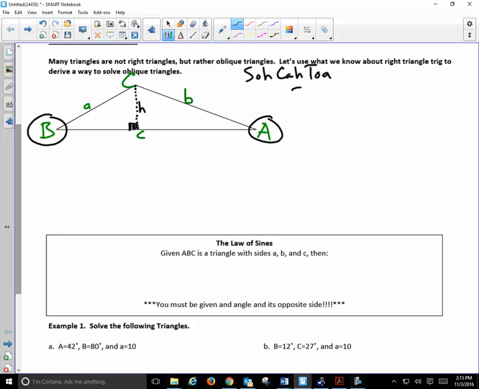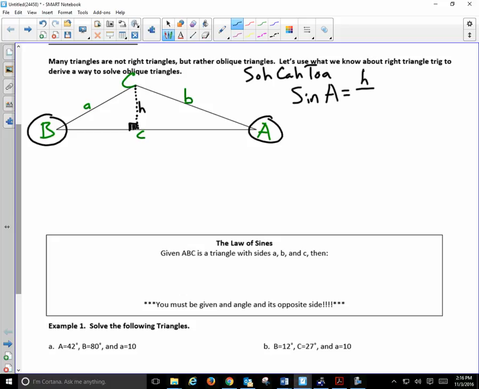Now I'm going to say the sine of angle A is equal to, what is the side opposite angle A? Excellent. A is all the way across here, but I want to talk about the right triangle. In this right triangle, what side is opposite A? H. What is the hypotenuse of that right triangle?